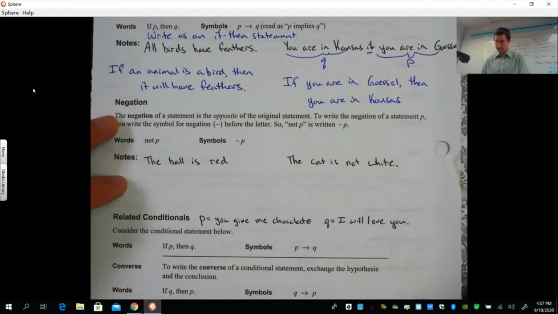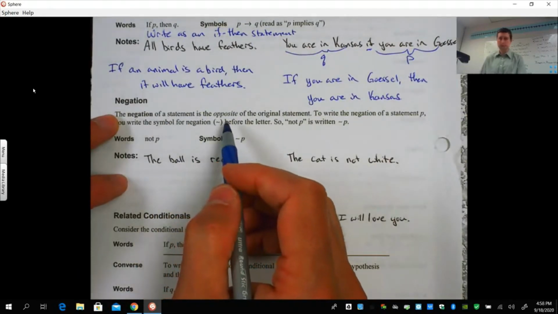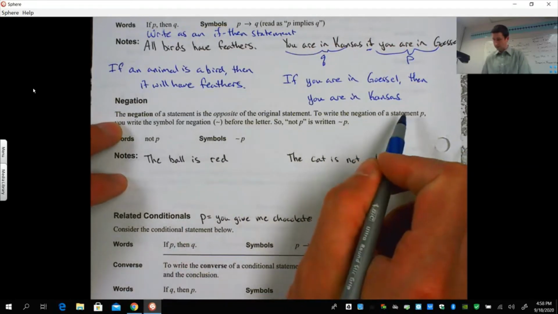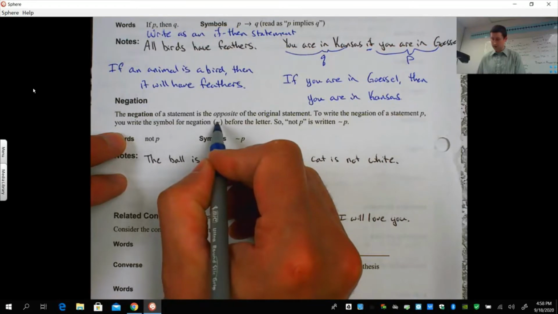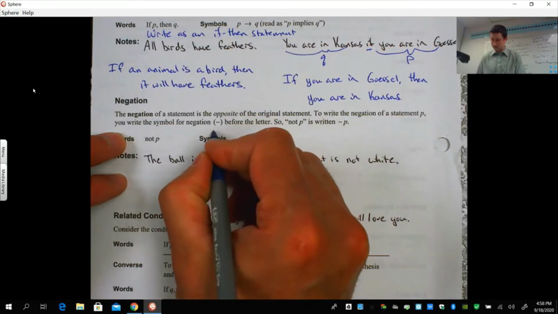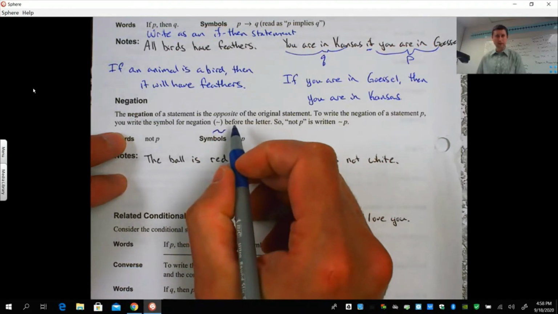Negation. The negation of a statement is the opposite. So it's kind of like just putting the negative sign in front of a number. To write the negation of a statement P, you write the symbol for negation. So this right here, this is a squiggle mark. That is a symbol for a negation. It's also referred to as similar to in other times, but right now it's negation.